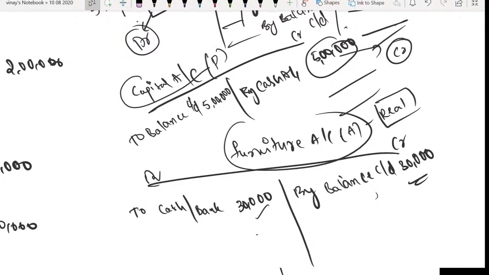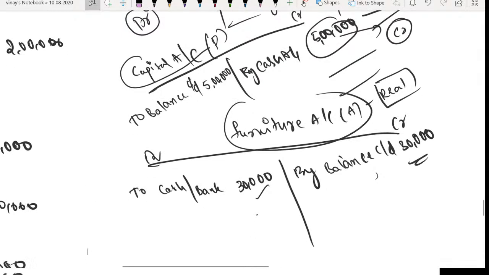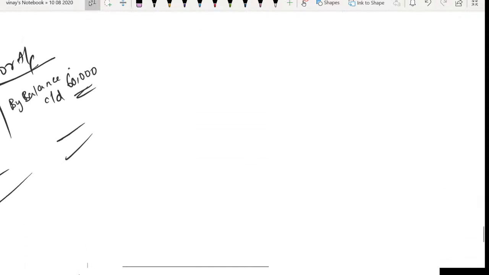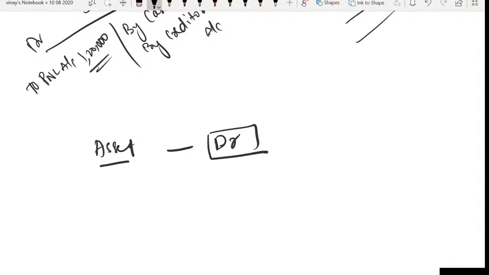Let me conclude one thing. Generally the increased side of the asset, in the modern rules, is the debit side. Remember, if any ledger account shows a debit balance, it is called an asset, if it is a personal account or a real account.